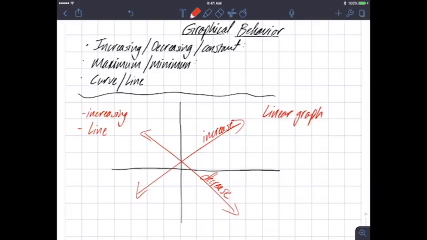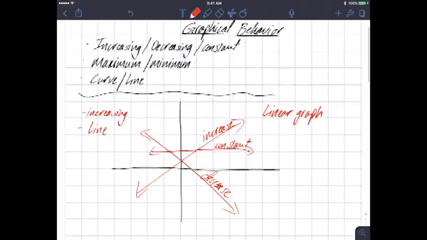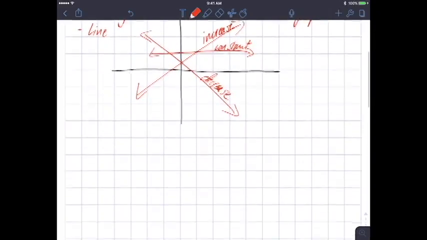And a graph that is constant is basically a straight line. Okay? That would cover all three of those. Increasing, decreasing, or constant. And a linear graph can be either of the three. Okay? So let's look at a different kind of function family.